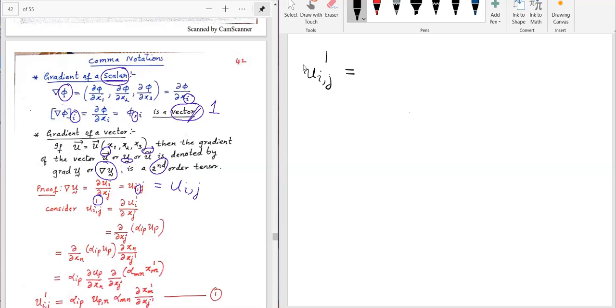That is equal to dou ui dash divided by dou xj dash. So I'm taking it in the new coordinates.